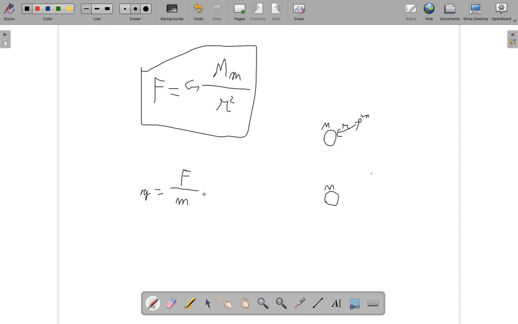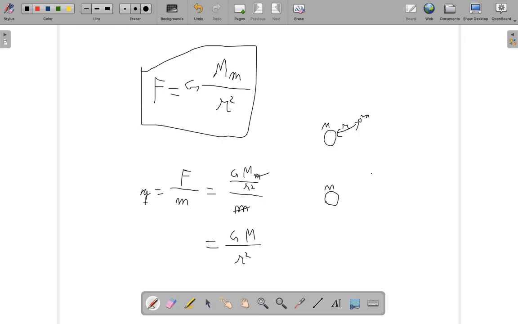Now we can bring that down and over here, giving us g M m over r squared over m. The m's cancel out, and we end up with g M over r squared.